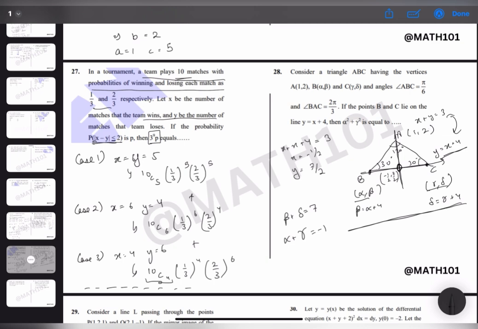So we get these two equations. We need alpha square plus gamma square.